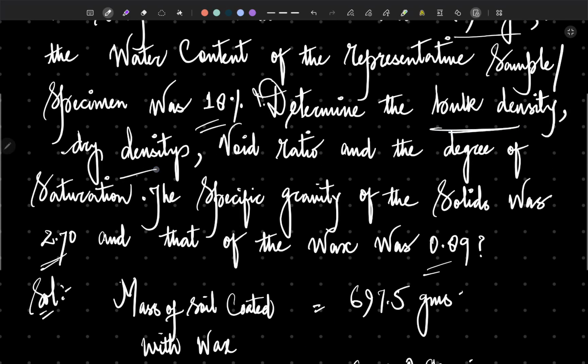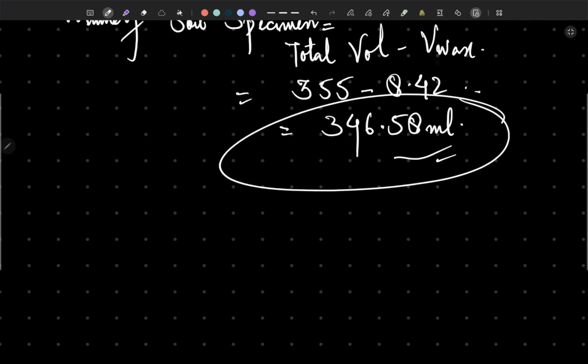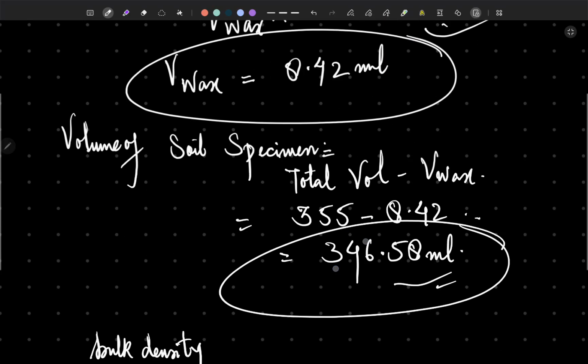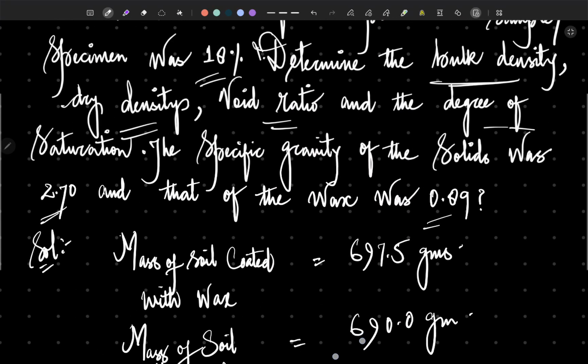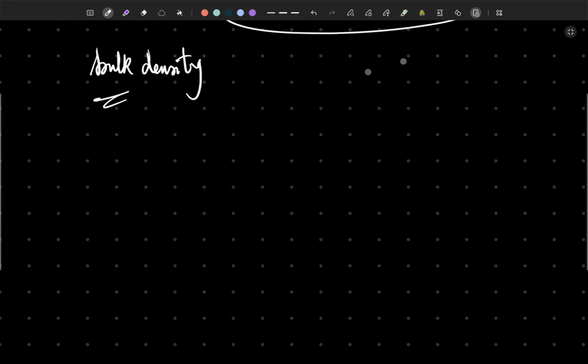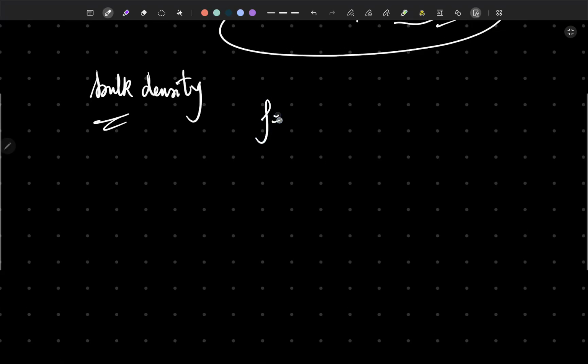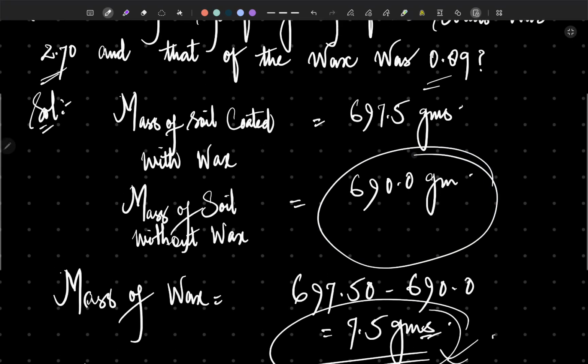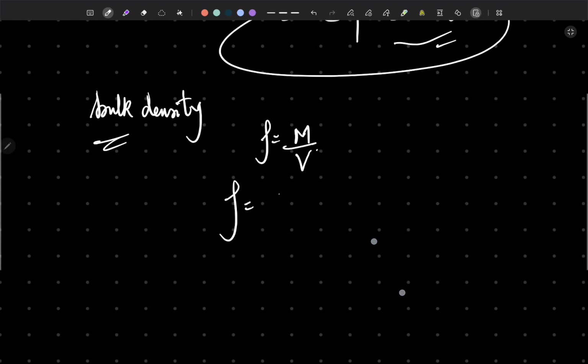Determine the bulk density, dry density, void ratio, degree of saturation. First, bulk density. Bulk density is mass per unit volume: mass of soil specimen without wax, 690.